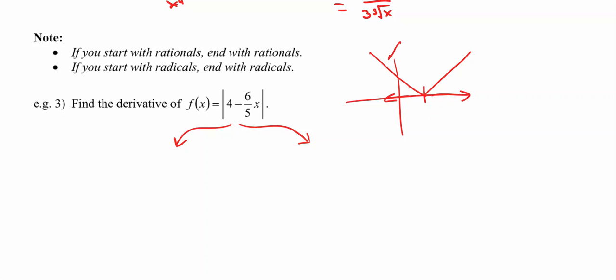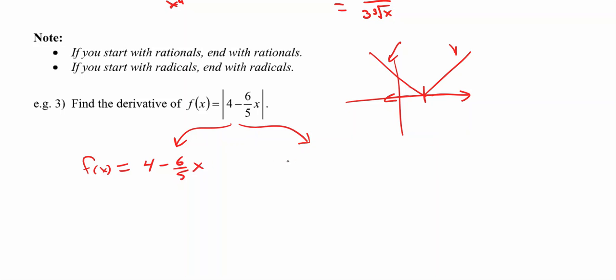To account for like the negative version of it and the positive version of it, right? So let's do the positive version. So we'd say this is the same thing as f of x is equal to just 4 minus 6 over 5x.